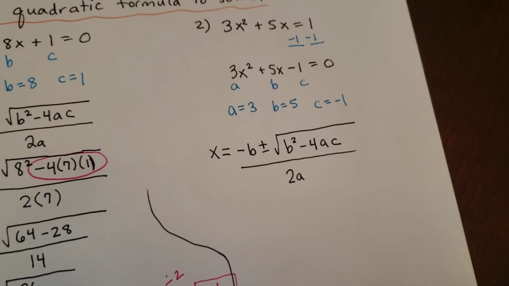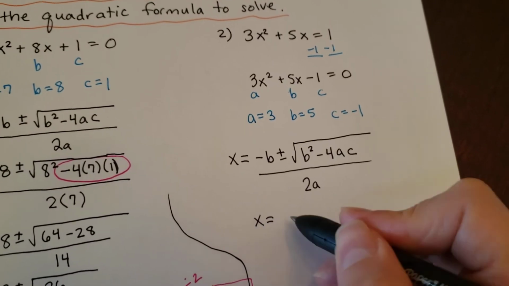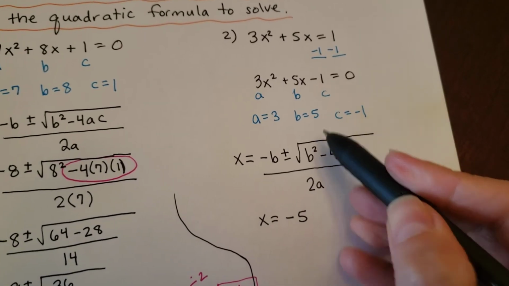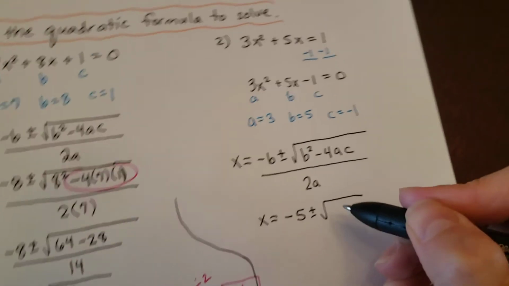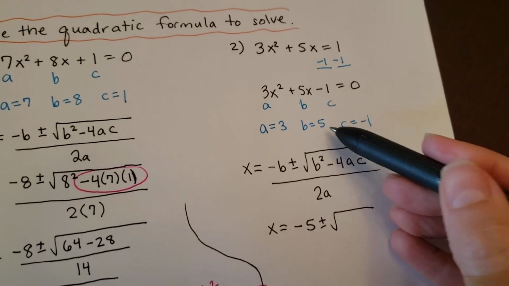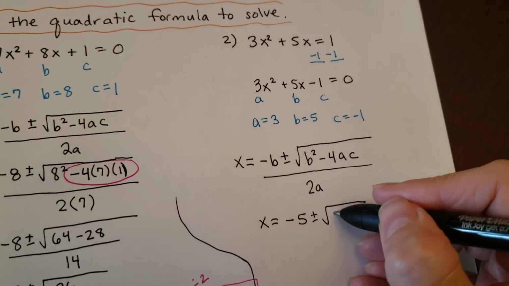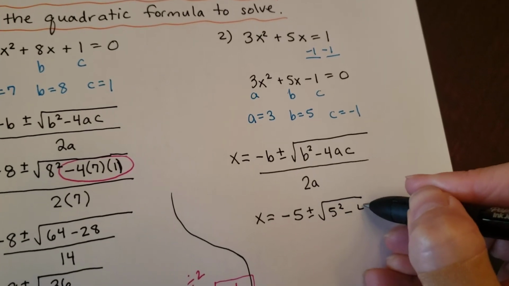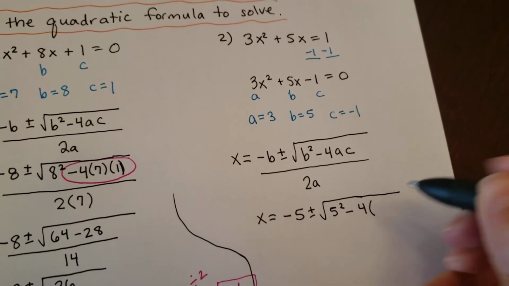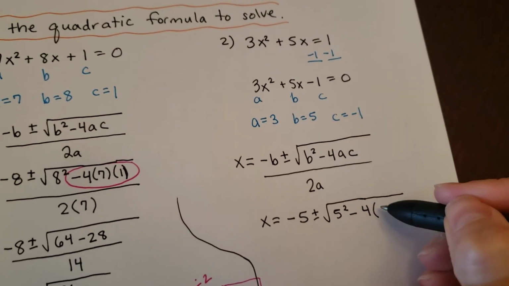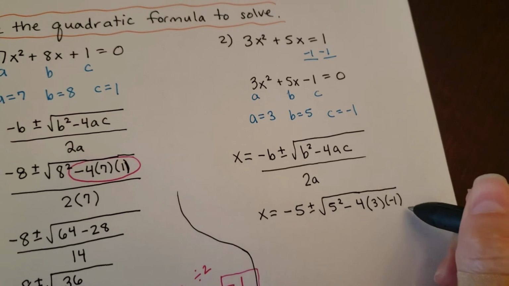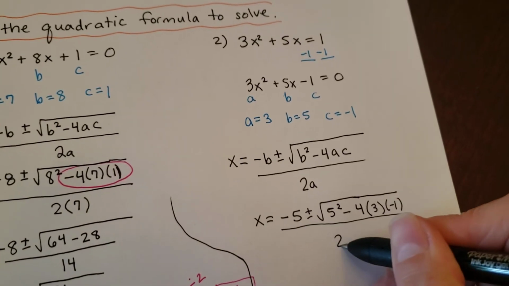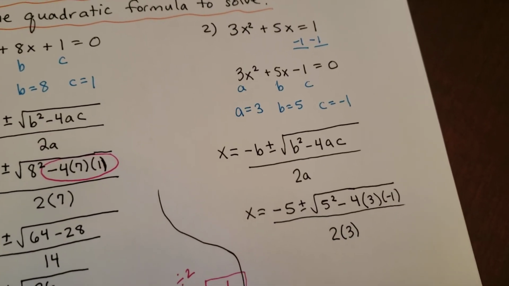So we'll have x equals negative b, but b is 5, plus or minus. Then 5 will get squared, so 5 squared minus 4 times a, which is 3, times c, which is negative 1, over 2 times a, which again is 3.